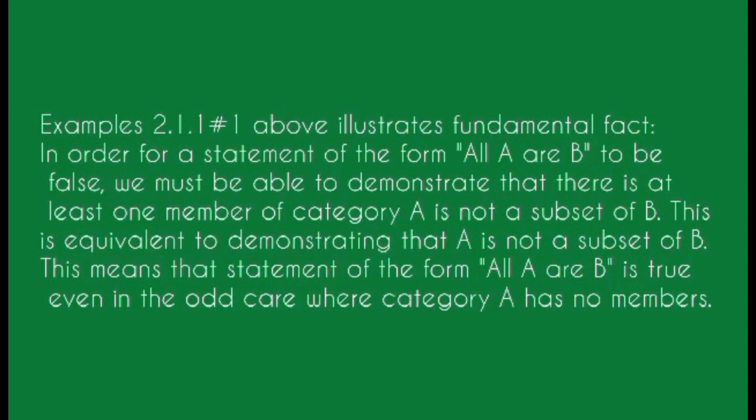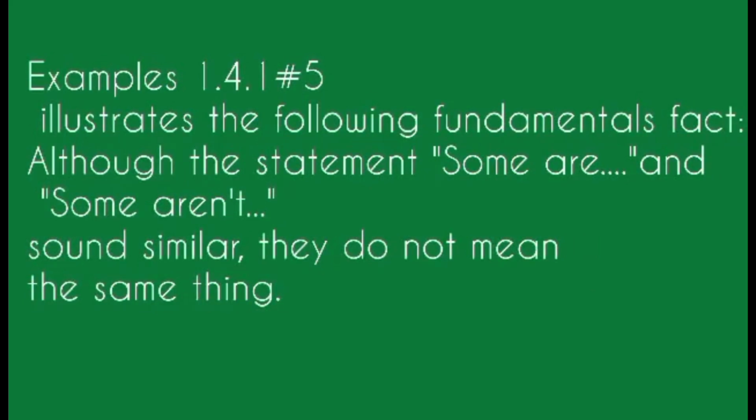In order for a statement of the form all A are B to be false, we must be able to demonstrate that there is at least one member of category A that is not a member of category B. This is equivalent to demonstrating that A is not a subset of B. This means that a statement of the form all A are B is true even in the odd case where A is empty. Examples number 4 and 5 illustrate the following fundamental fact.